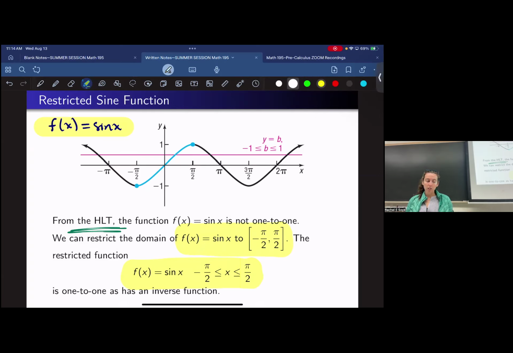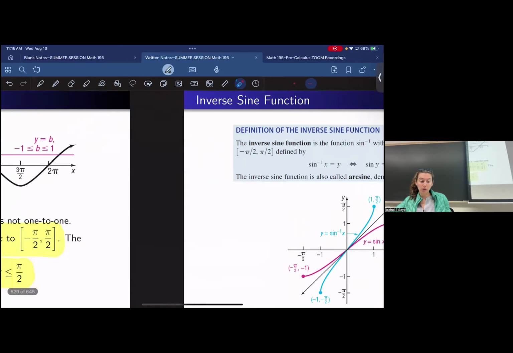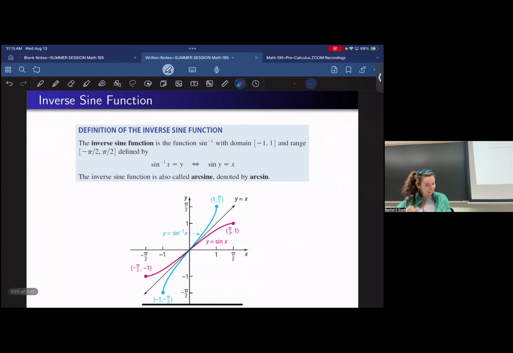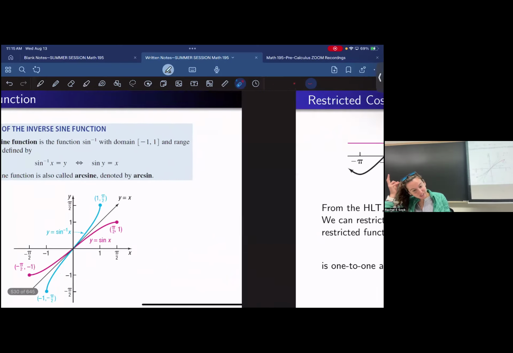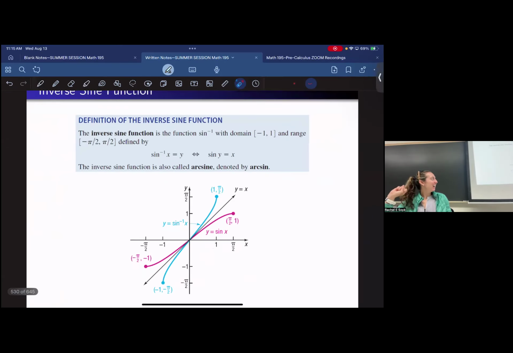And then tangent, we'll look at that one in a moment as well. So if we specifically have this function restricted on this domain, then we can find the inverse of it. Now let's take a look at restricting our cosine function in a moment. I think that's on the next slide.